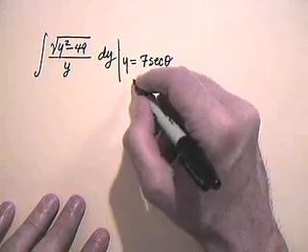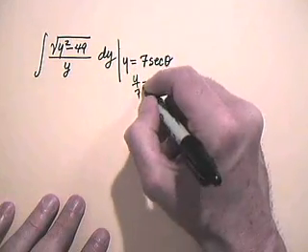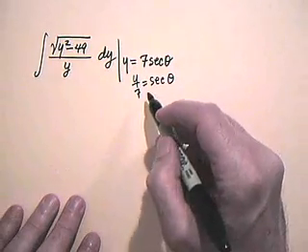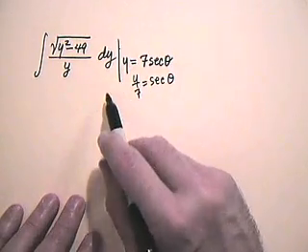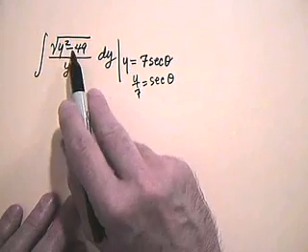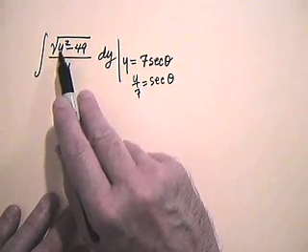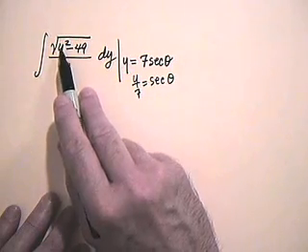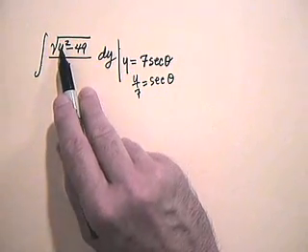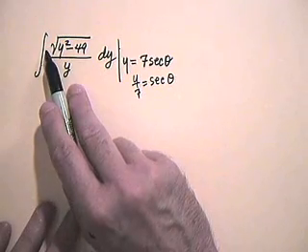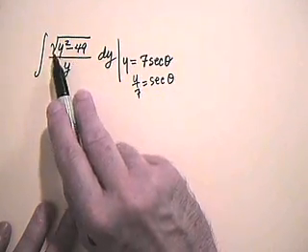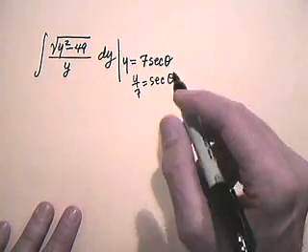And so that means y divided by 7 is secant of theta, or theta is secant inverse y over 7. What about the radical? Well, secant squared times 7 squared is 49. We can factor out the 49 and then take it out of the radical. It becomes a 7 times radical secant squared minus 1, which is radical tangent squared, which is tangent.